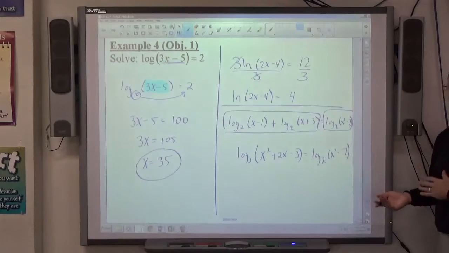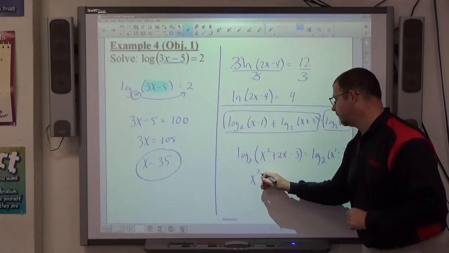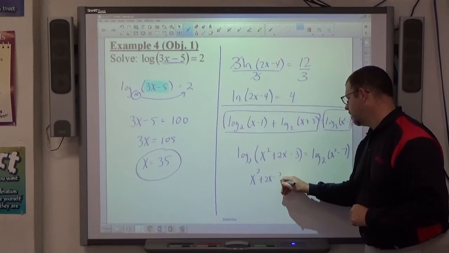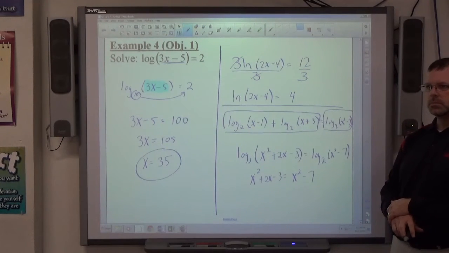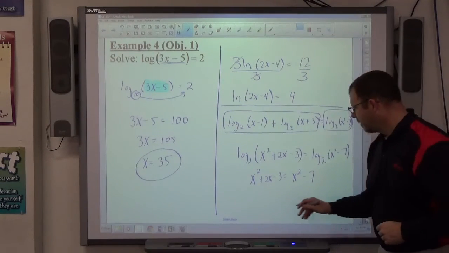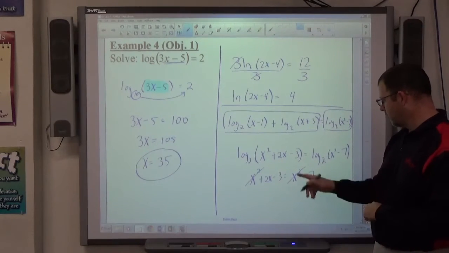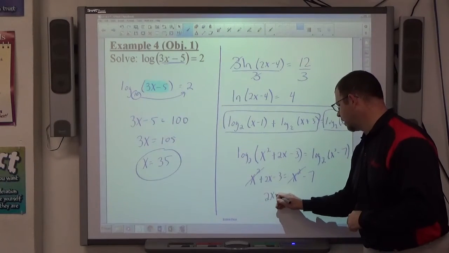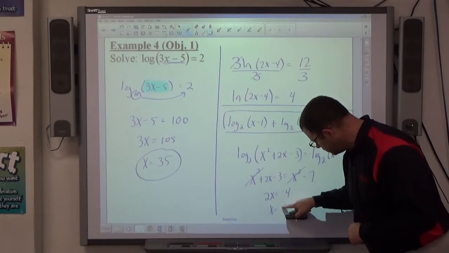You want to get log equals log. Then, once log equals log, argument 1 is equal to argument 2. Once log equals log, argument equals argument. That means subtract x squared from both sides, those go away. Move the 3 over here, we get 2x equals negative 4, so therefore x equals negative 2.